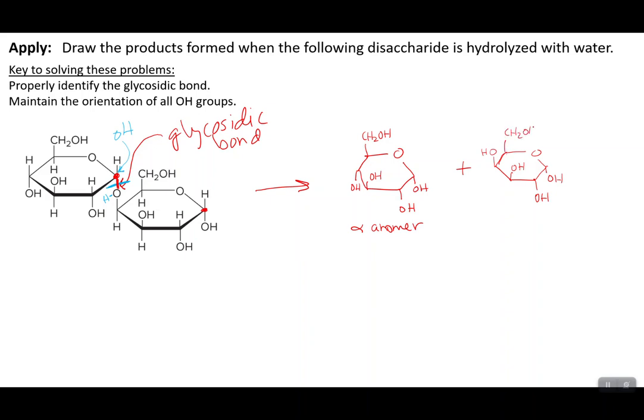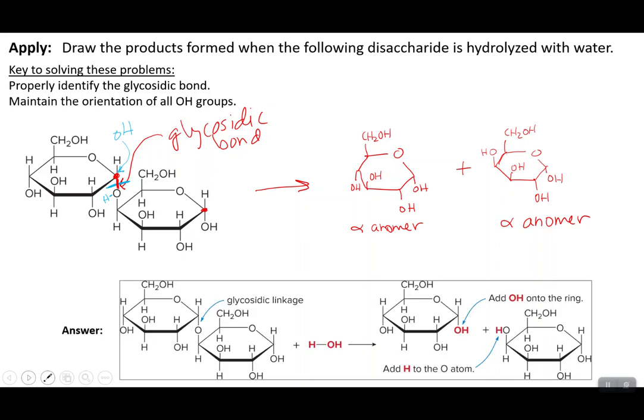And that is it. These would be the two. This is also an alpha anomer. But the important part here is that we maintained the proper orientation of the groups that were involved in the glycosidic bond. So those are the two monosaccharides that you form when you hydrolyze this disaccharide. And here is that reaction, showing you the steps as to where everything is coming from.